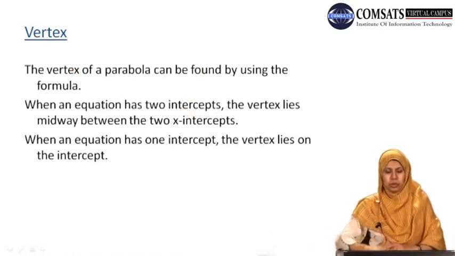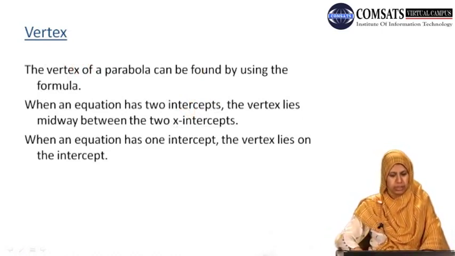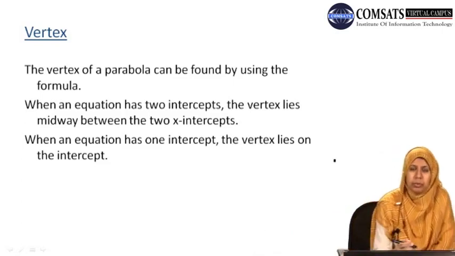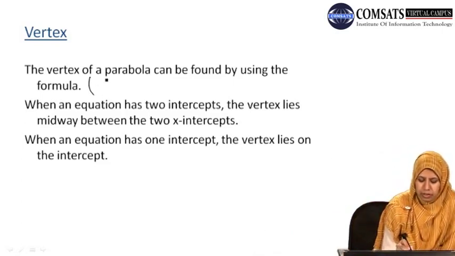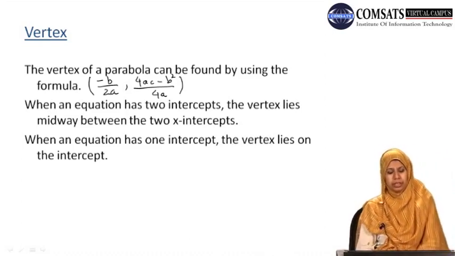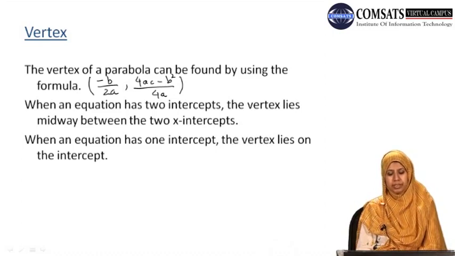Now we come to our point vertex again. The vertex of a parabola can be found by using the formula, by the x and y coordinates, where the x coordinate is minus b over 2a and the y coordinate is 4ac minus b square over 4a. But when an equation has two x-intercepts, the vertex lies midway between the two x-intercepts.